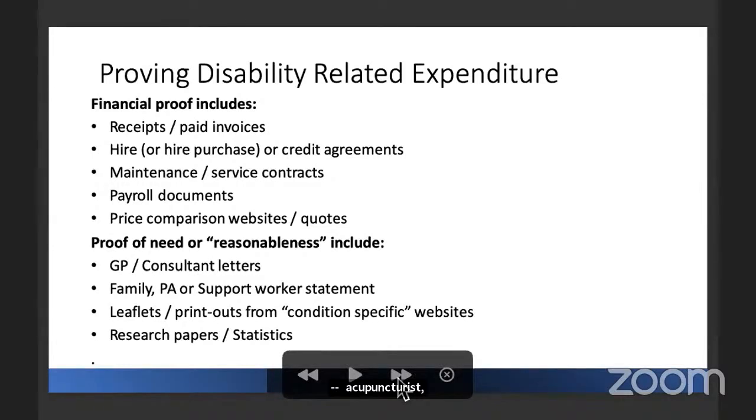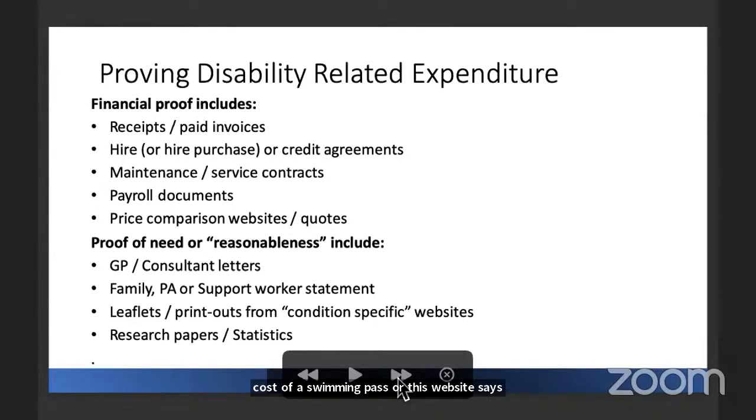Some people have used leaflets or printouts from condition-specific websites to say, oh, on this website, it says swimming is a good form of exercise for a person with my condition, so I want to have a disability related expense in terms of the cost of a swimming pass, or this website says crochet is good for my condition, or this website says whatever supplement is good for my condition.